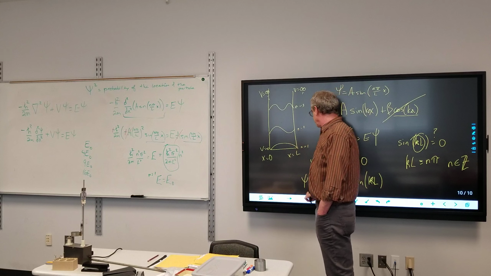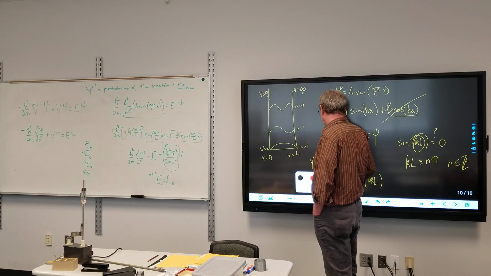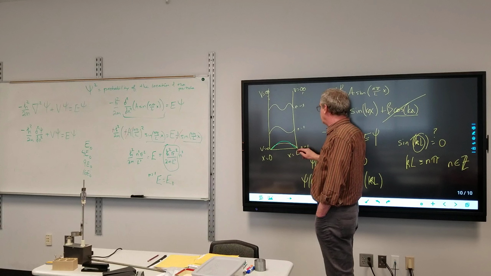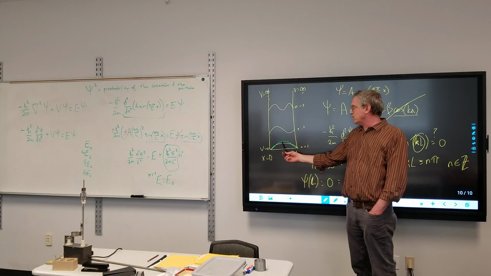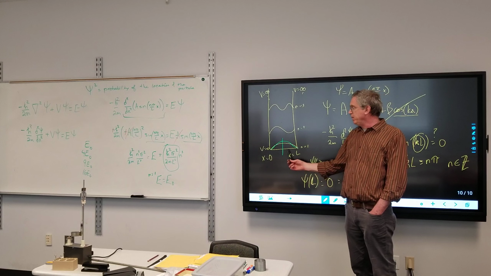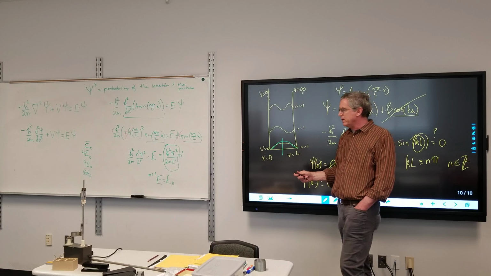If I square psi, then most likely the particle at the lowest energy level is going to exist smack dab in the middle. That's the most probable. There's some probability that it's going to exist anywhere in between, but it fades off pretty quickly once you get near the edges.